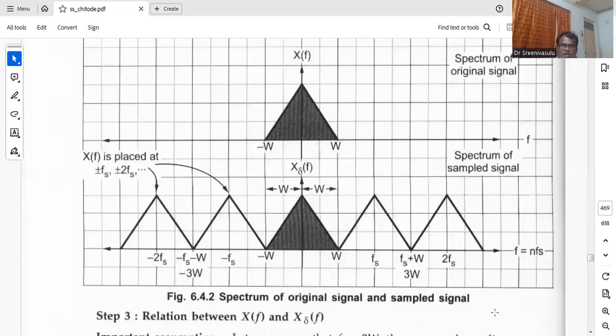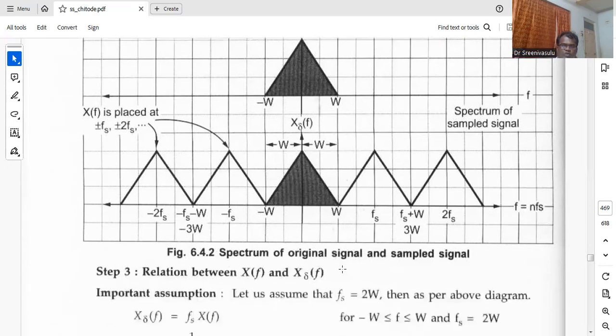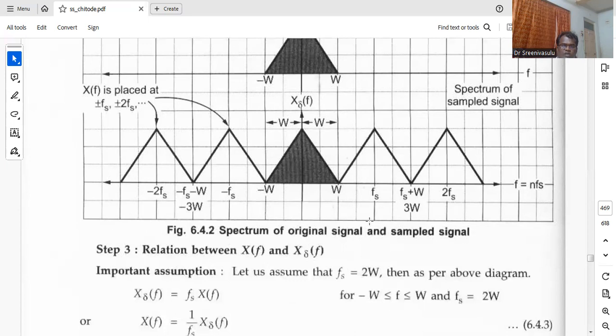Plus W is added, fs plus W; minus W is subtracted, fs minus W. Like that, the spectrum is going to look like this. So it is a periodic spectrum from minus infinity to plus infinity. I am going to stop this class. We'll see in the next class how to reconstruct that signal.